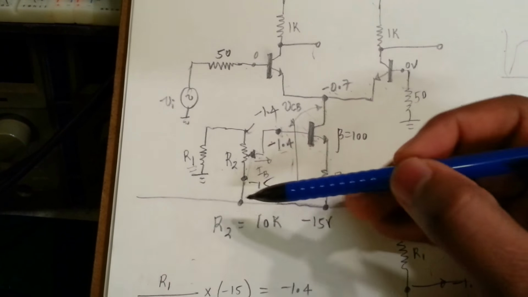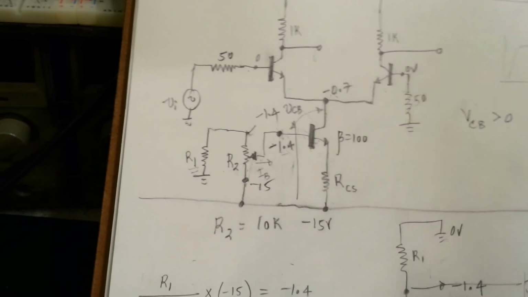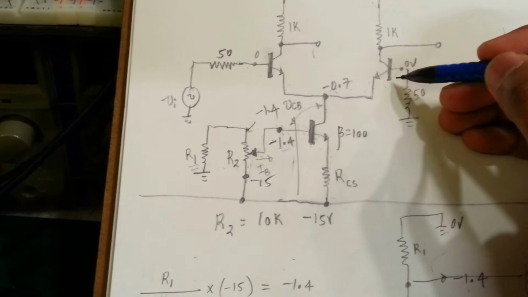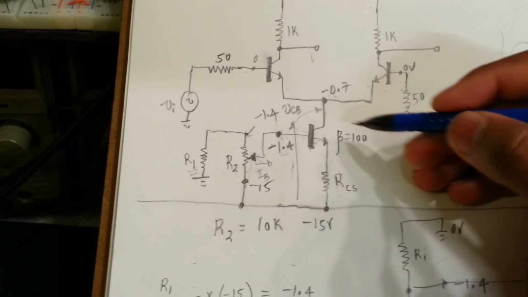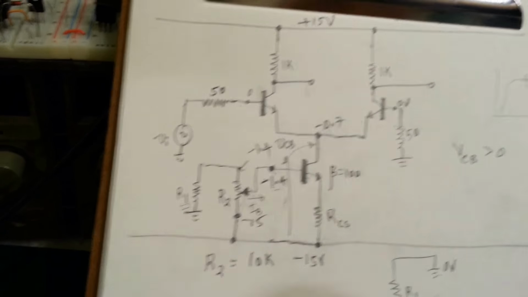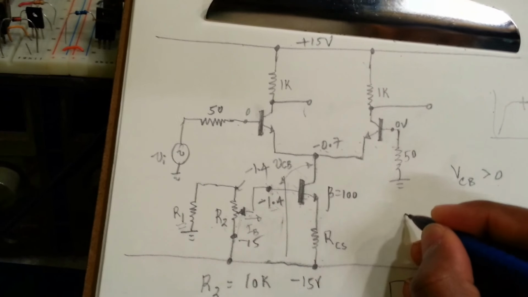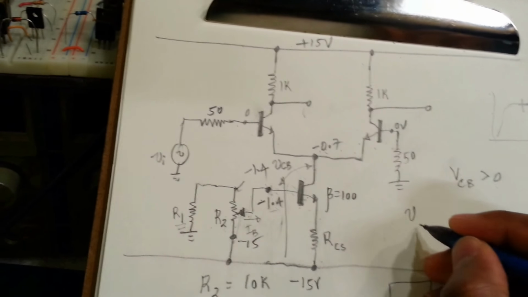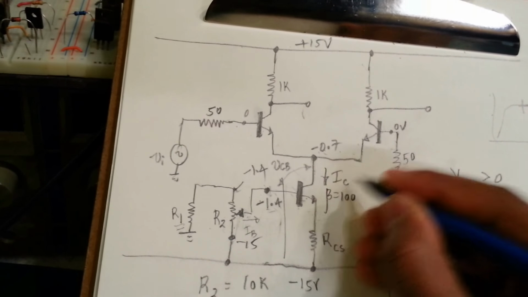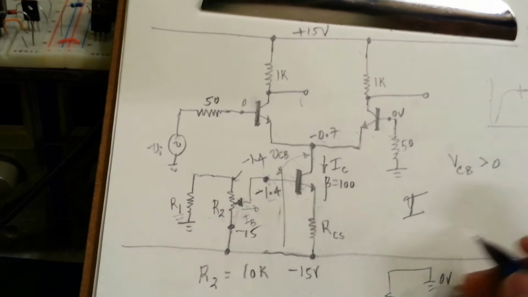So from this, we can basically get the limits of the current that we are able to sink here, and also get the limits of the gain, because the gain will be directly proportional to the current that's flowing through here. So for the limits, I'm going to call this IC, which is the sum of this and this.